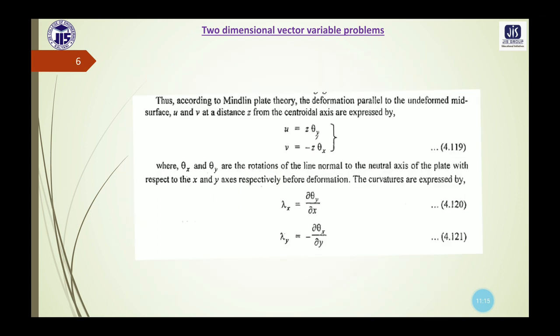According to this Reissner-Mindlin plate theory, the deformations parallel to the undeformed mid surface, u and v, at a distance z from the centroidal axis are expressed by u equals z theta y and v equals minus z theta x.